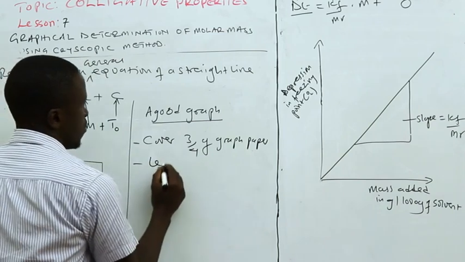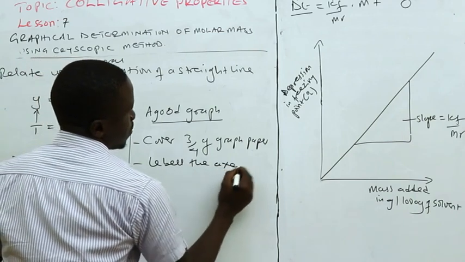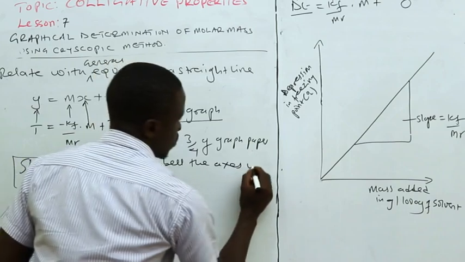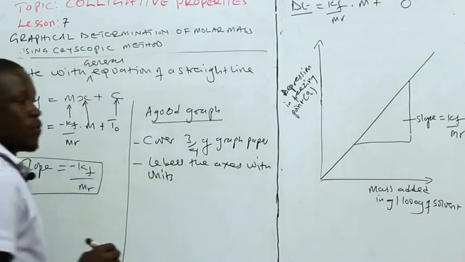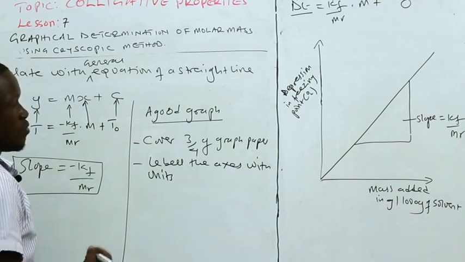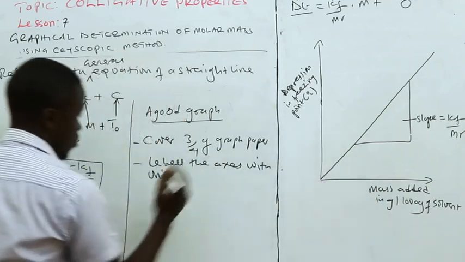Then you need to label the axes very well with units. If you don't label with units, then you won't really get the marks for the labeling. Then we should have a title.